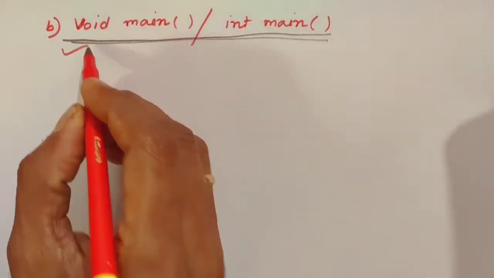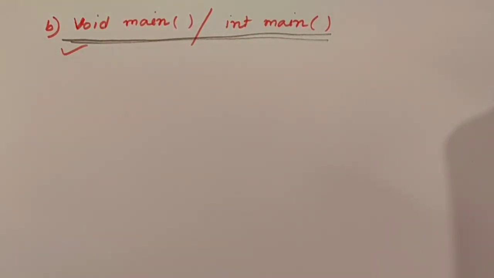Now void main indicates that the main function will not return any value, but int main indicates that main can return integer type data. When our program is simple and it is not going to terminate before reaching the last line of code, or the code is error free, then we can use void main.